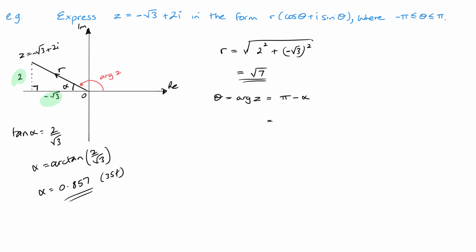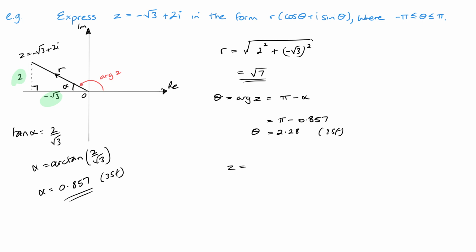So we've got now pi minus 0.857, and that is 2.28. Again, I'm just doing this to 3 significant figures. Obviously, these questions usually do tell you that. Now all I need to do is apply this to my original statements.